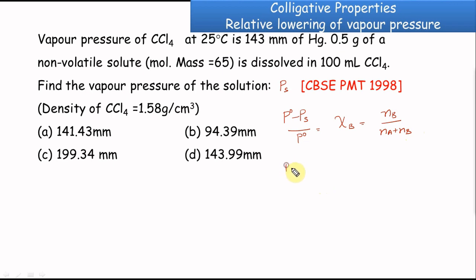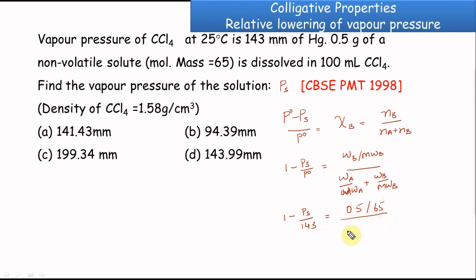I can also write it as 1 minus Ps by P0 equals mass of B over molar mass of B divided by mass of A over molar mass of A plus mass of B over molar mass of B. Now if I substitute the values, I get 1 minus Ps divided by 143 equals, the mass of solute is given as 0.5 divided by 65 mass of A.